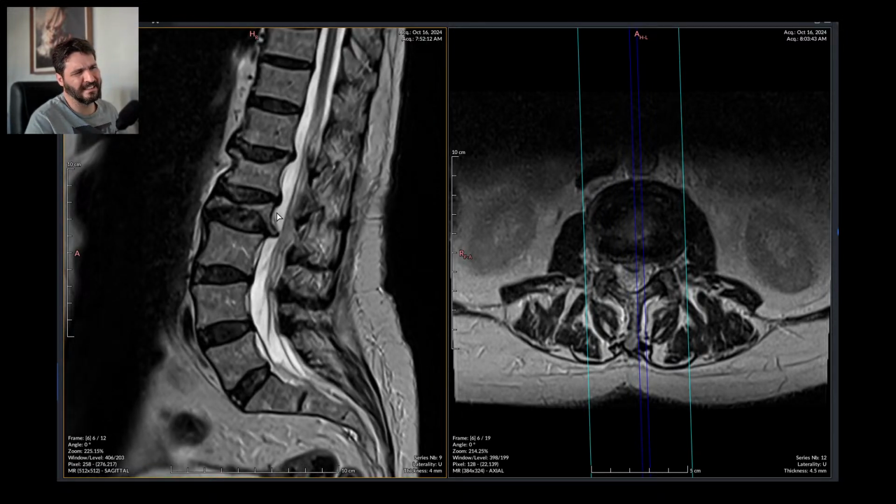This is 2, 3, 4, and 5. L2, L3, and the rest is fine. Atrophy of perivertebral muscles all the way.